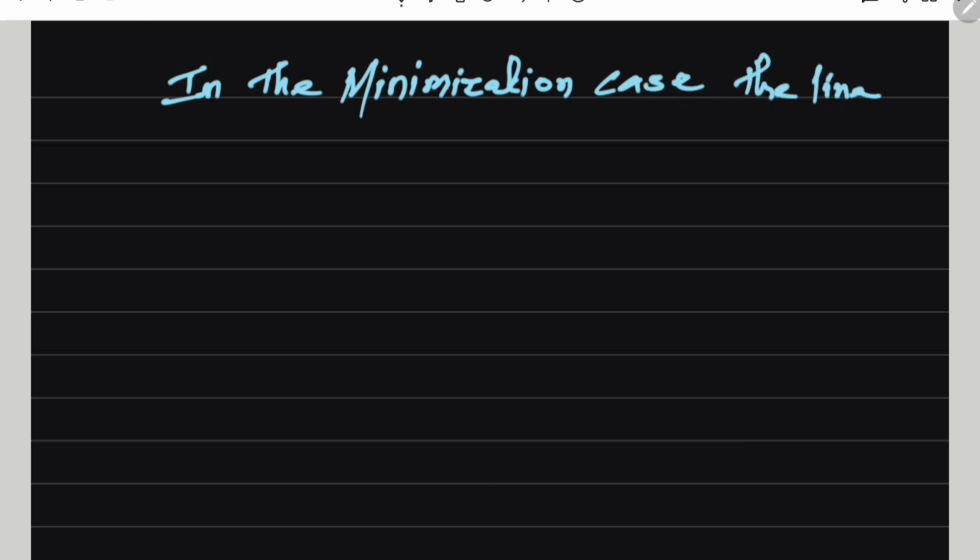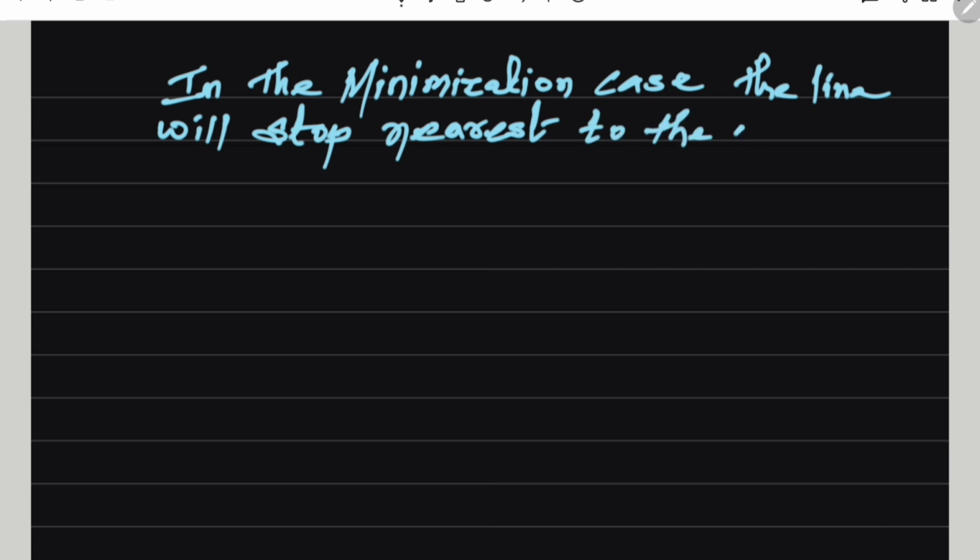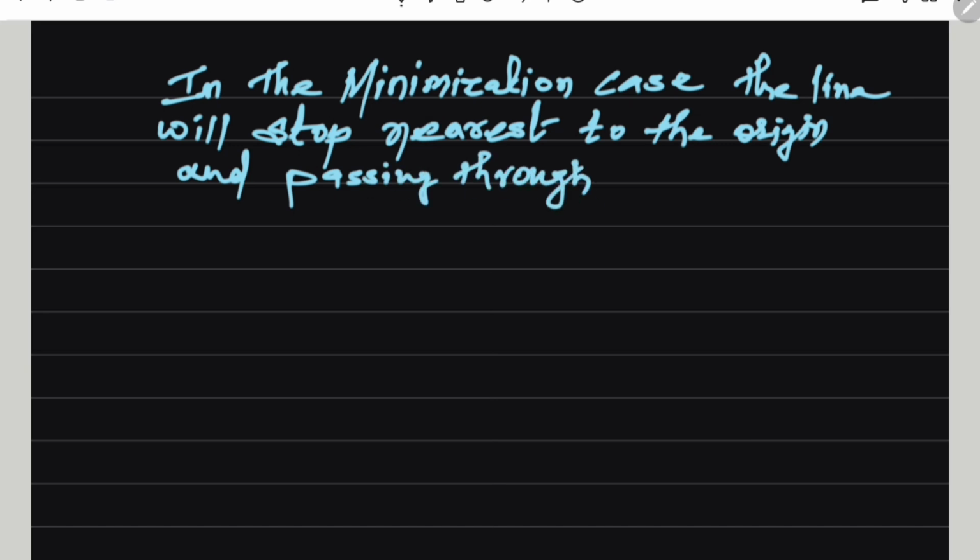And in case of minimization, the line will stop nearest to the origin, and passes through at least one corner of the feasible region.